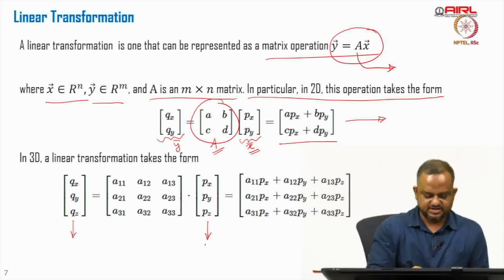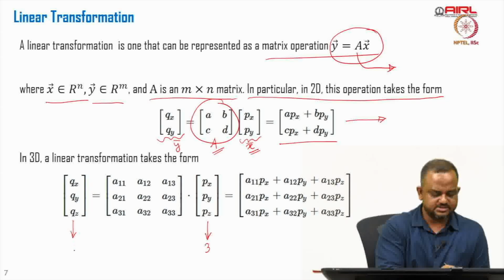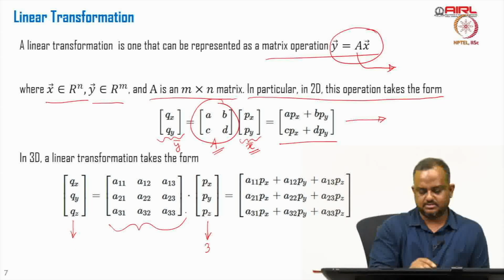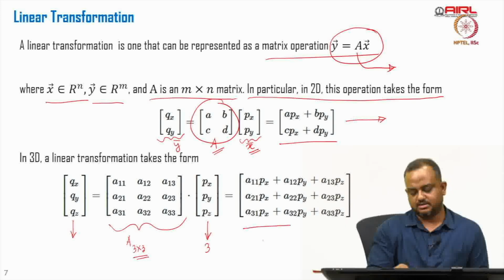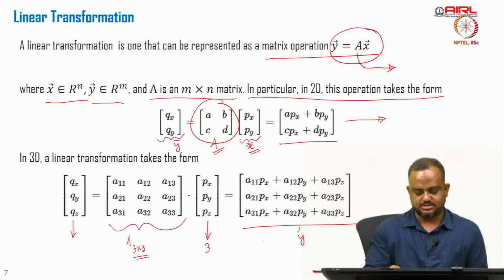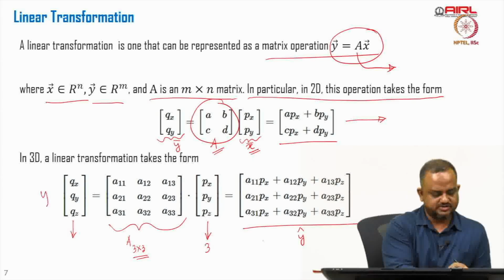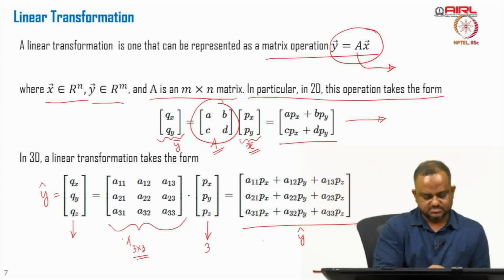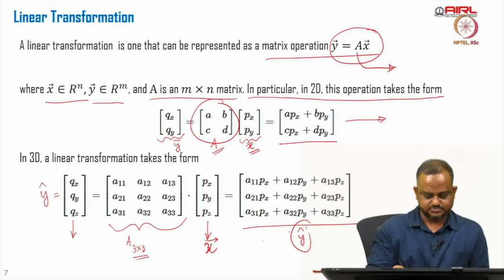The x vector will have 3 elements, the y vector will also have 3 elements, and accordingly the matrix through which the transformation is being done becomes a 3 cross 3 matrix, and we get the y vector like this. So this is the y vector, this is A, this particular vector is x, and finally we get y.